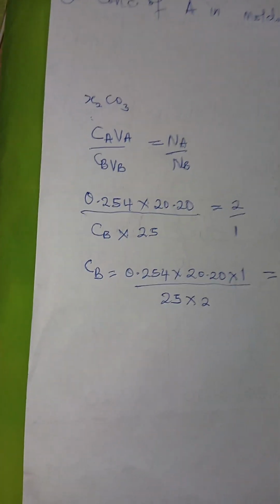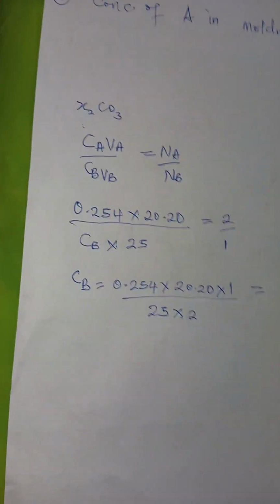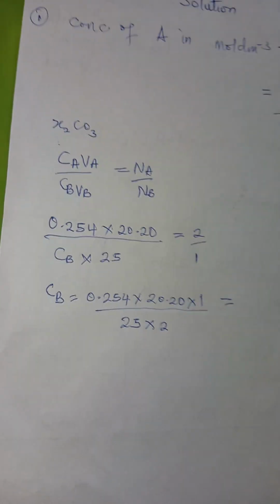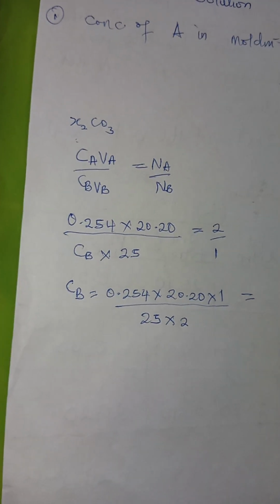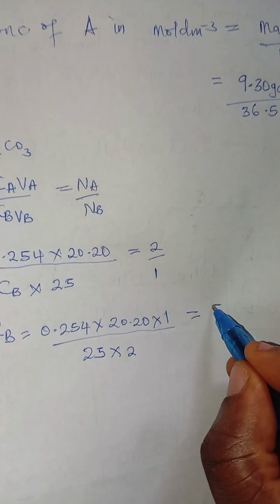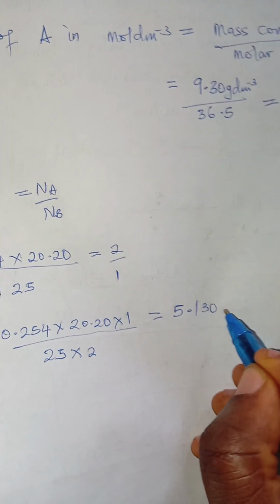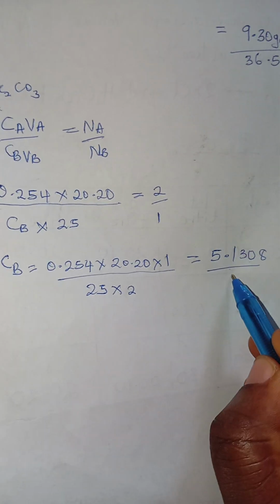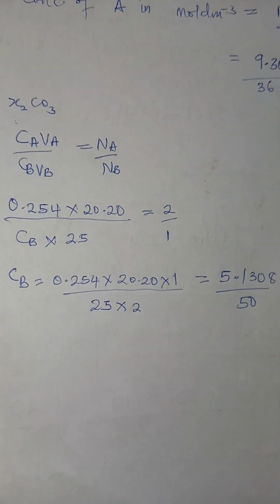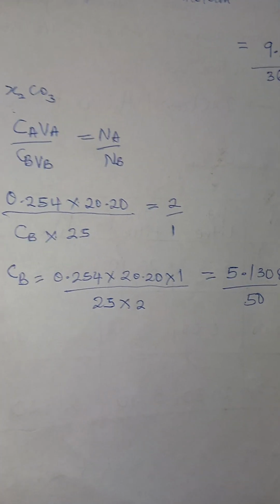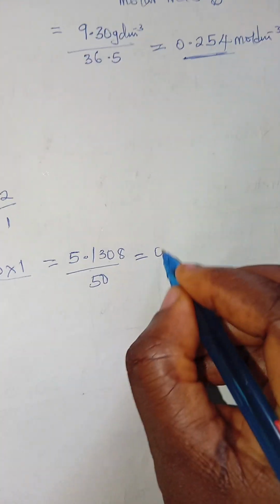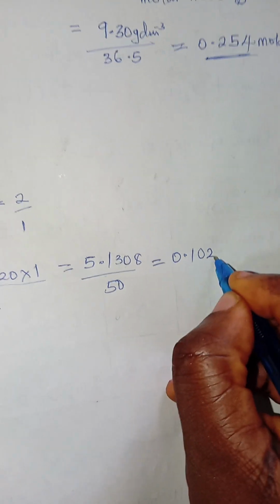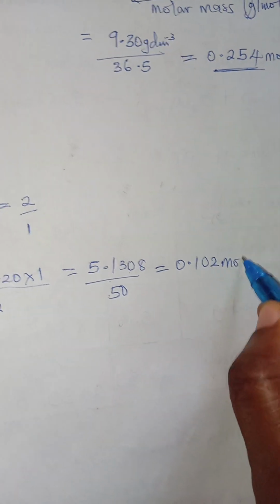Use your calculator. 0.254 times 20.20 times 1. It gave us a numerator of 5.1308, all over 50. Divide it by 50. What do you have? I have 0.102 mole per dm cube.